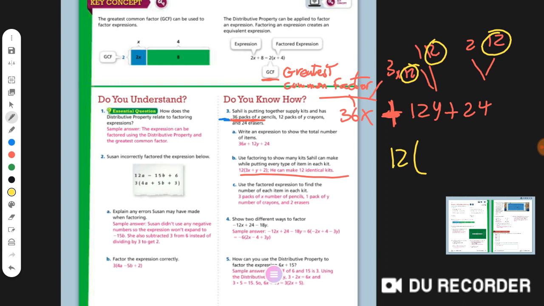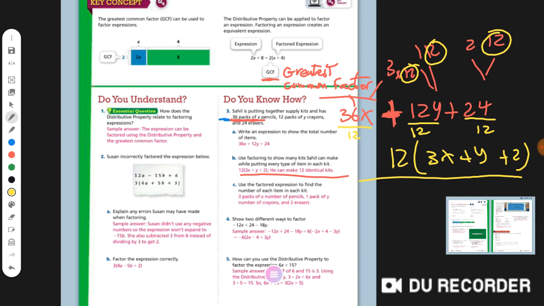Another way is, after you take the factor, do like this: 36x divided by 12 equals 3x, 12y divided by 12 equals 1y, plus 24 divided by 12 equals plus 2. That's it. So we factorize it. It's an easy way. Okay? This is how to factorize, and you can solve the other problems.